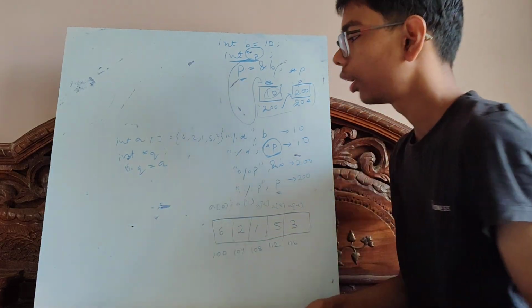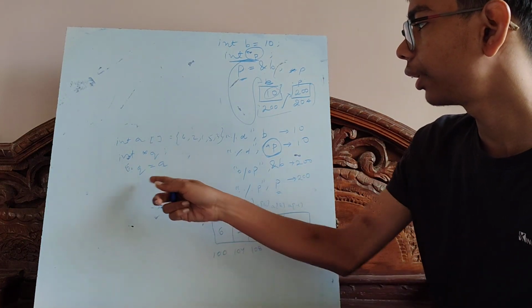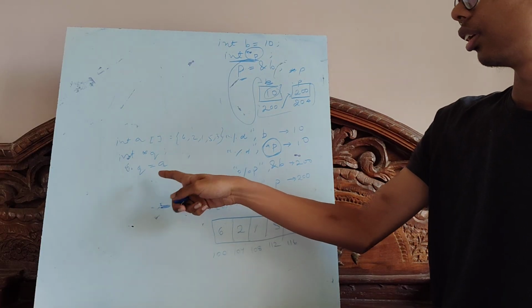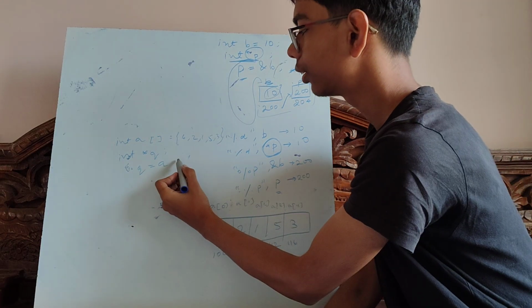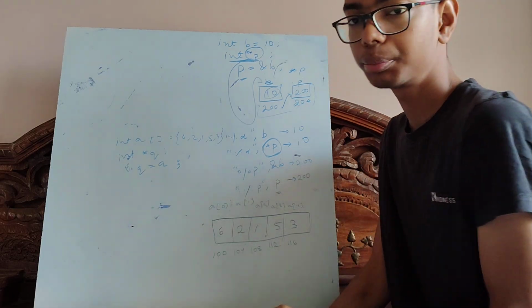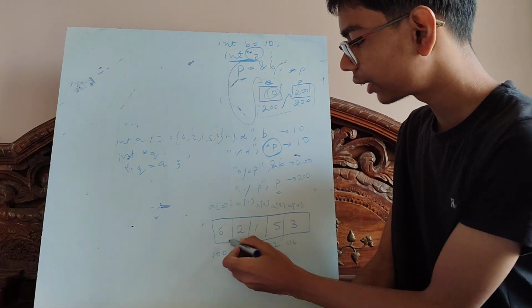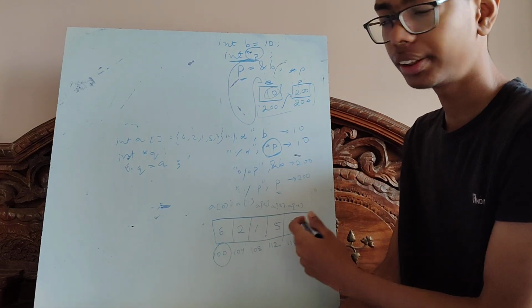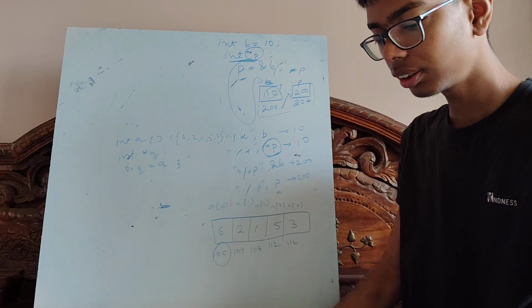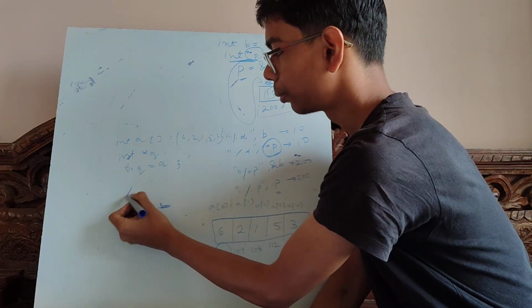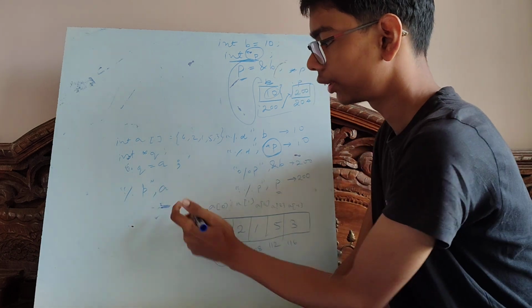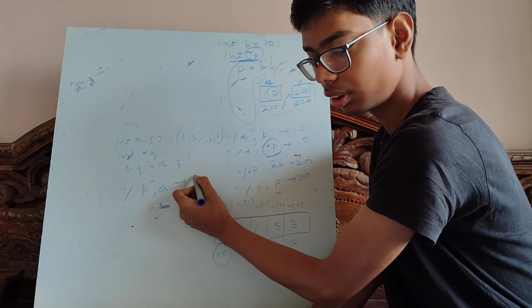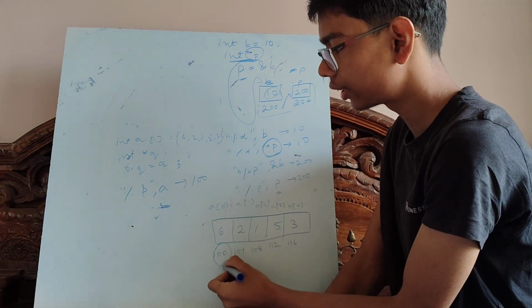Now a is the array name, and if I store the array name in my pointer q, it will hold the base address of the complete array, right? Suppose I print percentage p, a, it will of course give me the base address, that is 100.